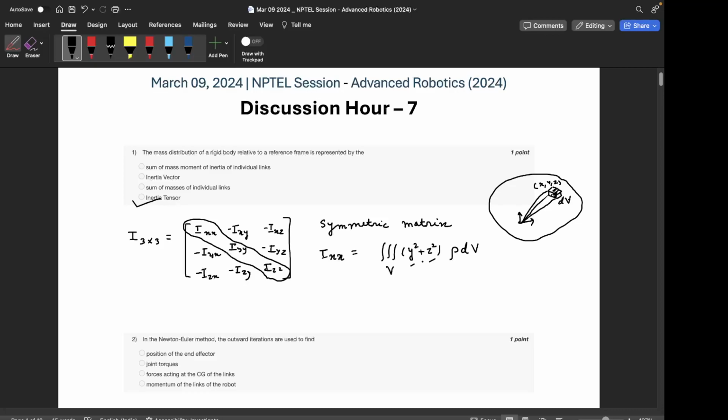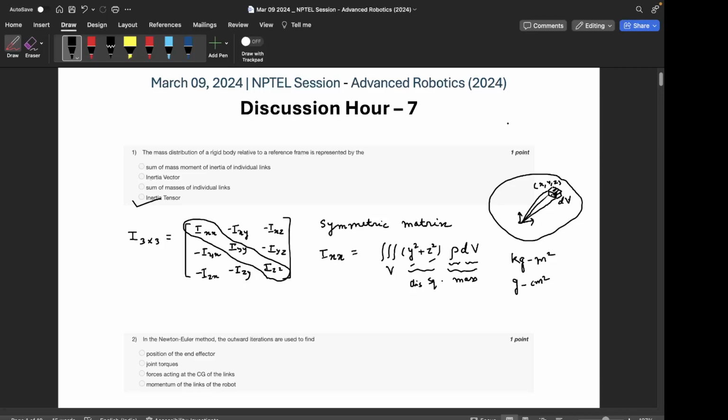So it's basically integration over all such elements in the object, a volume integral of this expression multiplied with the density. So this is density, this is volume, this is the mass term, and this is the distance squared. You can relate it to the usual expression for inertia, which is kg meter square in SI units, or gram centimeter square.